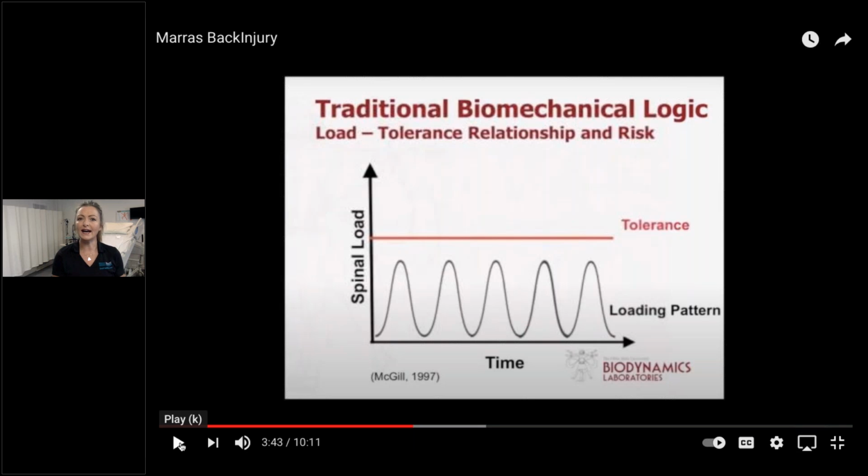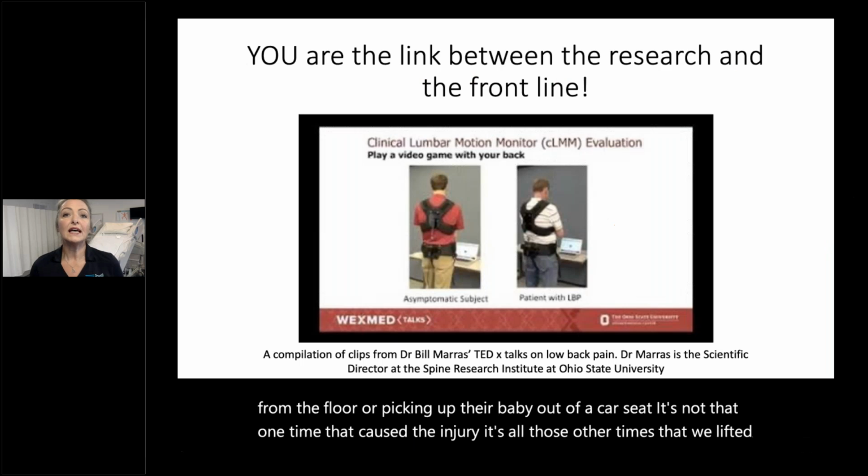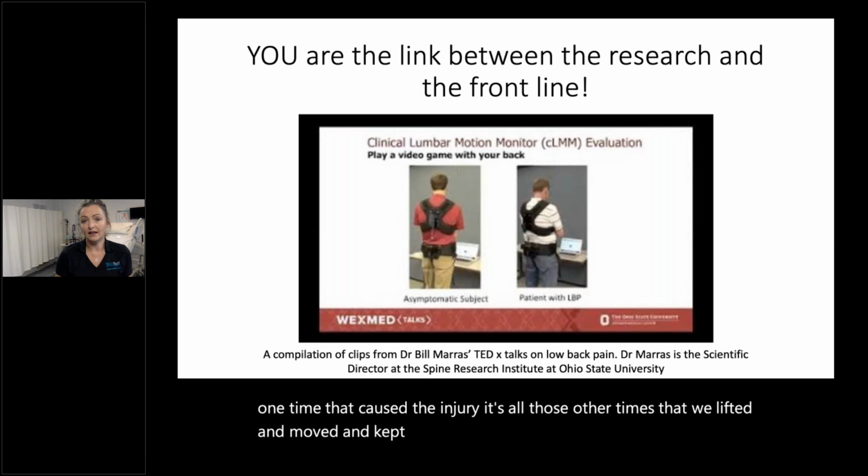And that's why very often people throw their back out sneezing, or picking up a Kleenex from the floor, or picking up their baby out of a car seat. It's not that one time that caused the injury. It's all those other times that we lifted and moved and kept overworking, cumulatively building the strain and stress in our backs.